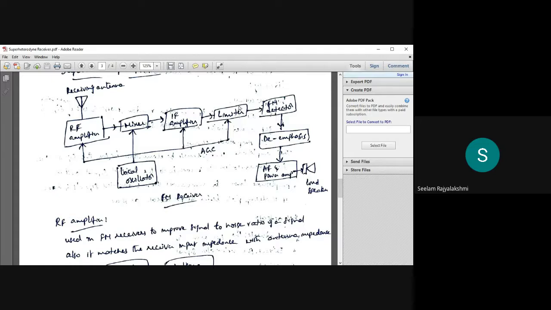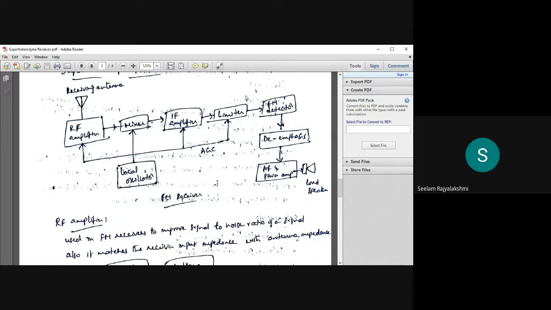That means the limiter does not allow the changed amplitude through; it eliminates all the changes before the signal goes for demodulation.